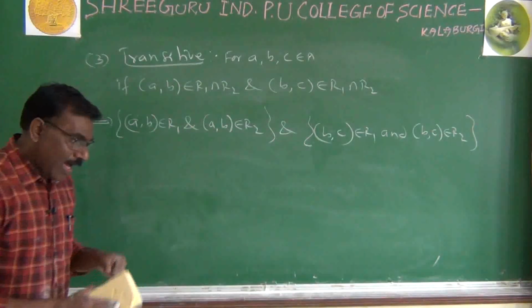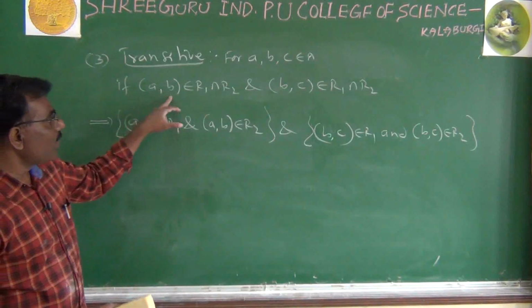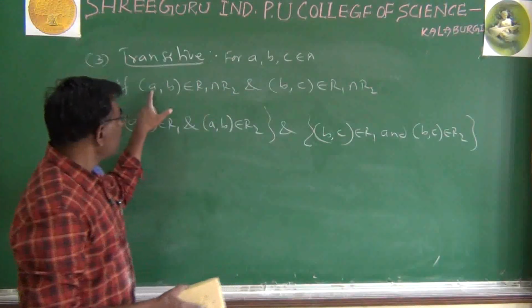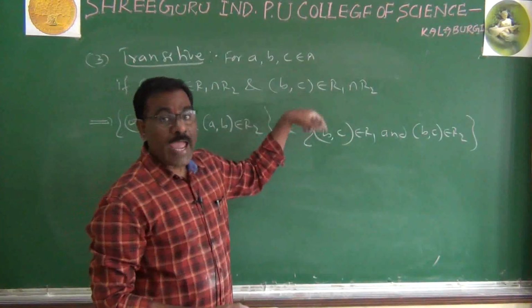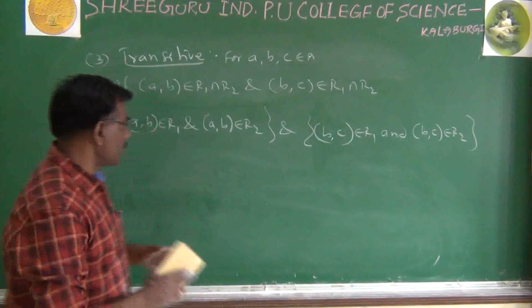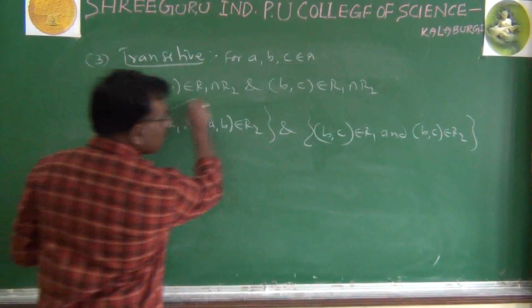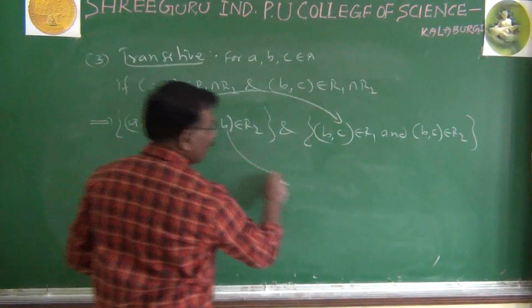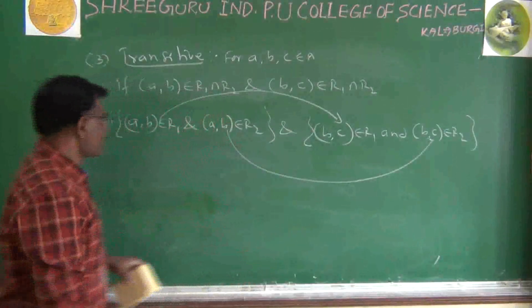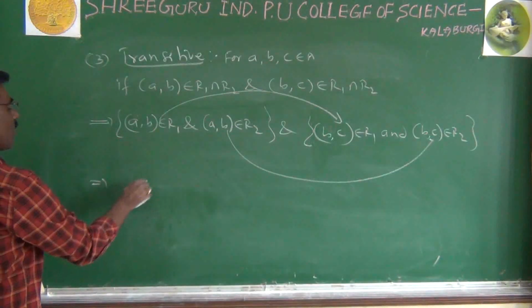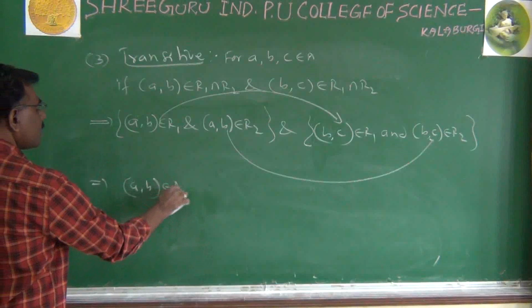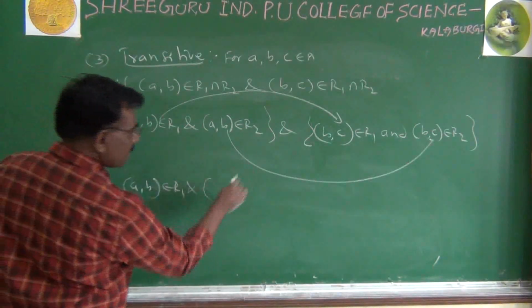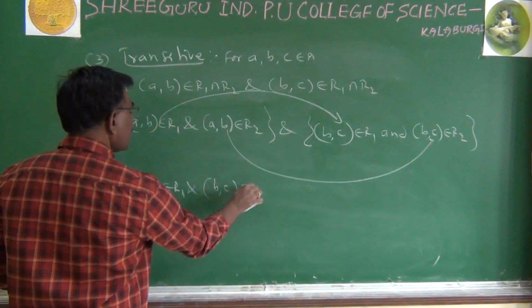Now I want a, b and b, c. What is your aim? Your aim is to show a, c belongs to the intersection. So better you take these to one side: a, b belongs to R1 and b, c belongs to R1.